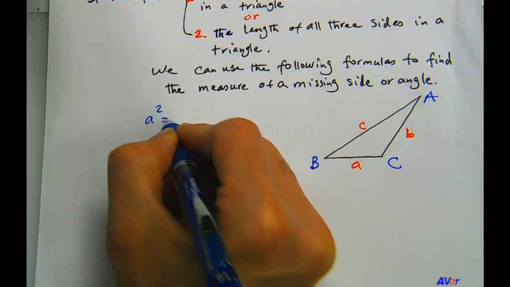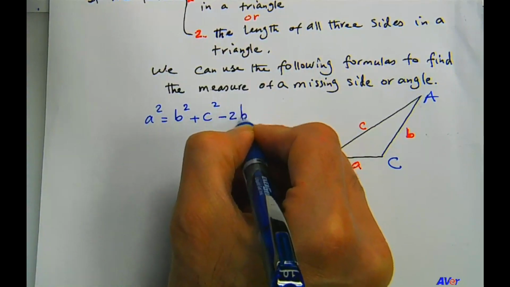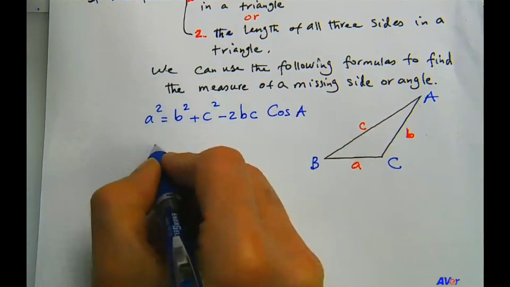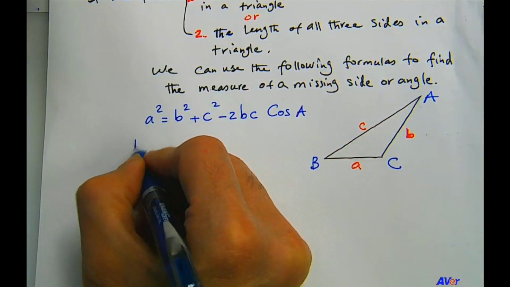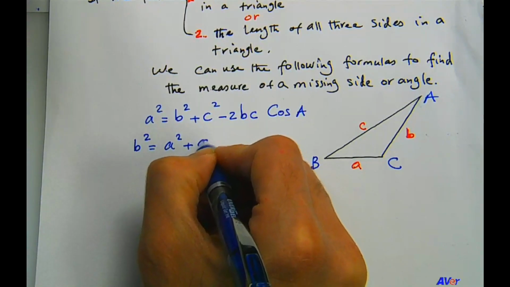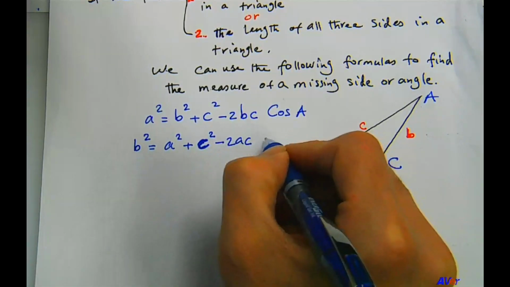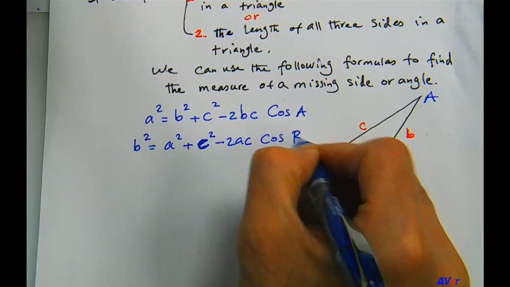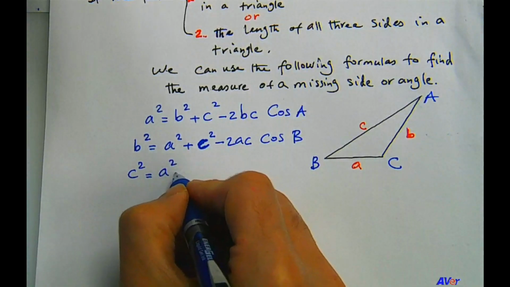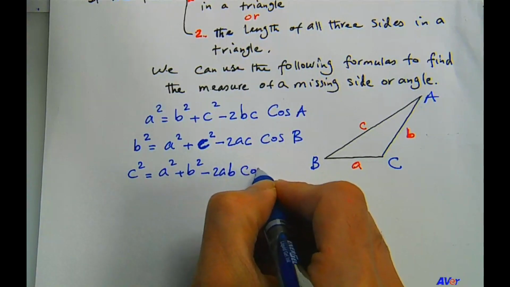So a squared equals b squared plus c squared minus 2bc cosine of A. So b squared equals a squared plus c squared minus 2ac cosine of B. And c squared equals a squared plus b squared minus 2ab cosine of C.